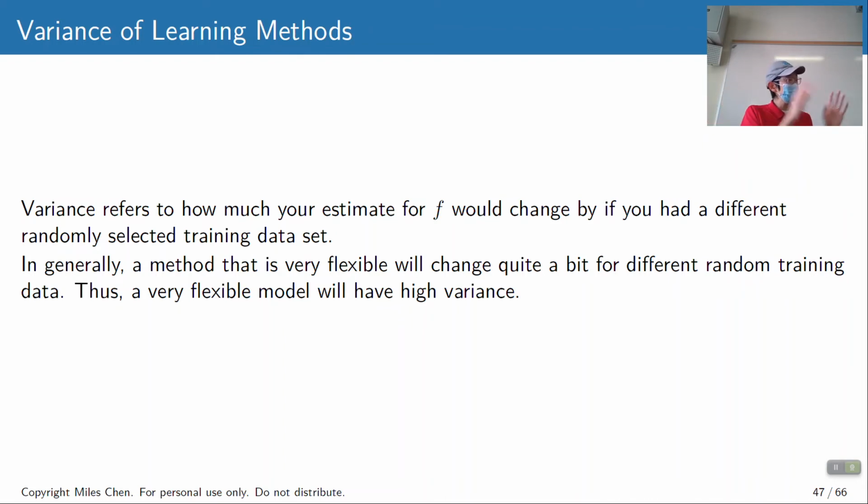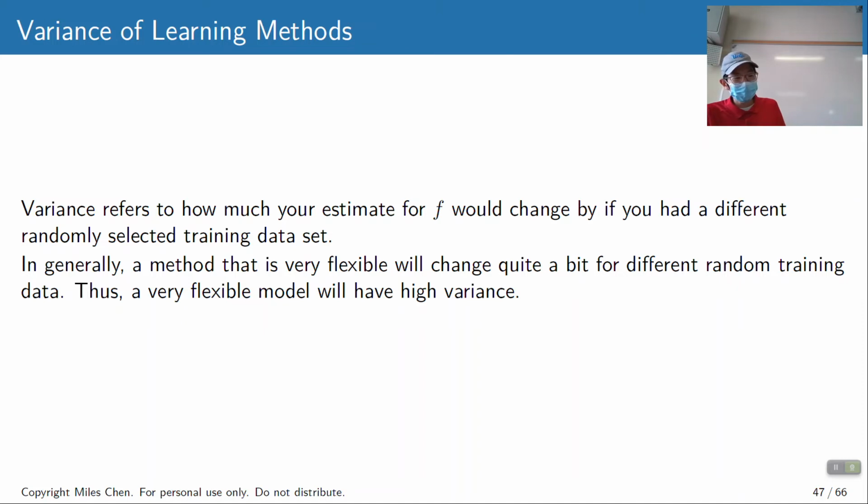Okay? Your linear models are going to be different, right? But will your linear model be drastically different from someone else's? Probably not, okay? Because as far as linear models go, you just have a few slope parameters to estimate and an intercept parameter to estimate. They might differ by a little bit, but how much do your linear models differ from someone else's? Probably not very much, even though you have different training data sets, okay?